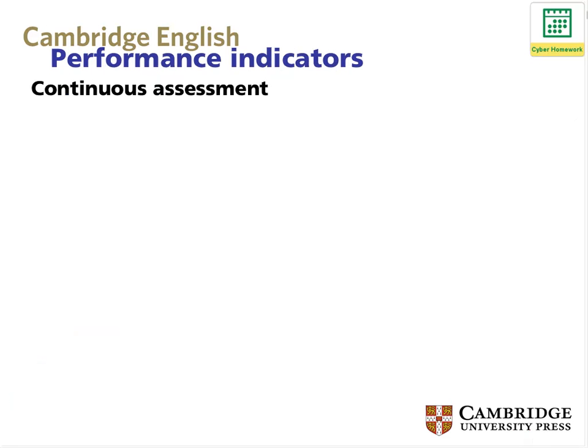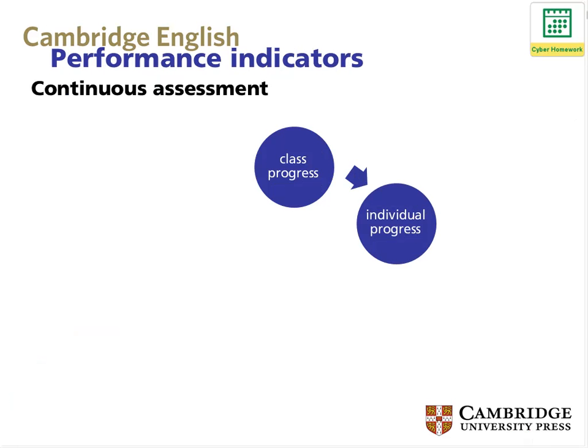What does that mean? That you would be able to identify class progress, individual progress, how students are doing individually, how the class is doing overall. That would lead into making decisions.